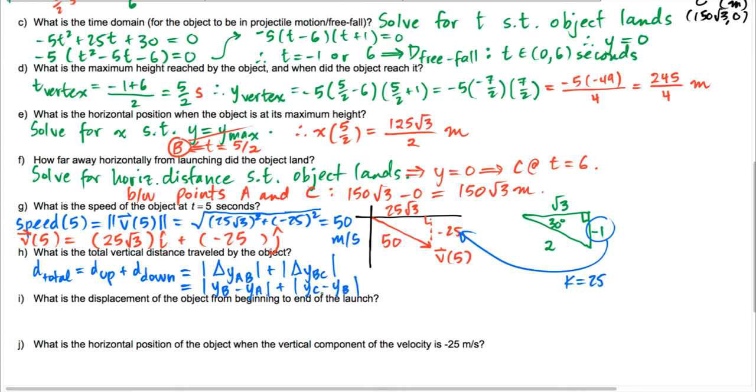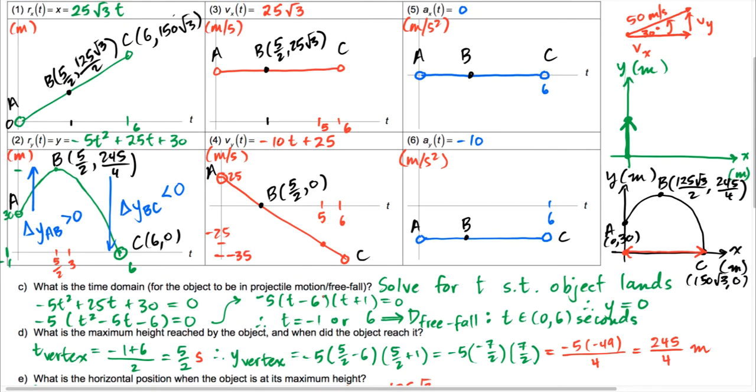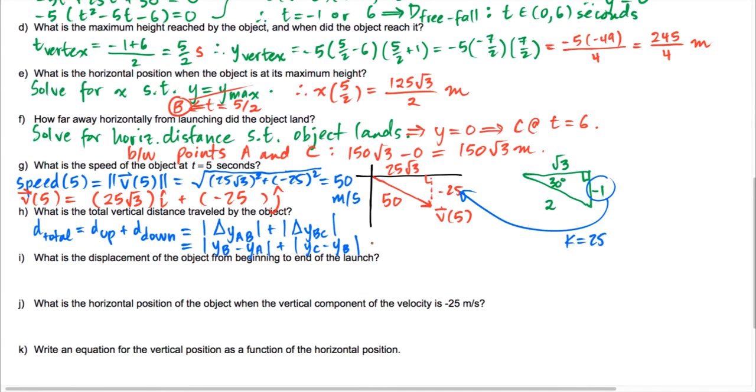And you can substitute these heights in directly because we have them all listed in the graph. We know that the height at A is 30, then 245 over 4, and then 0. So we can substitute all of those in and simplify. So we get 245 over 4 minus 30 plus 0 minus 245 over 4.